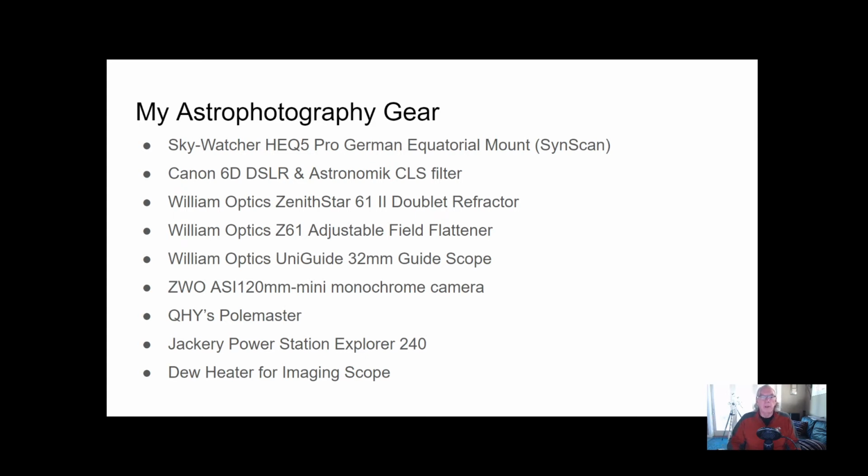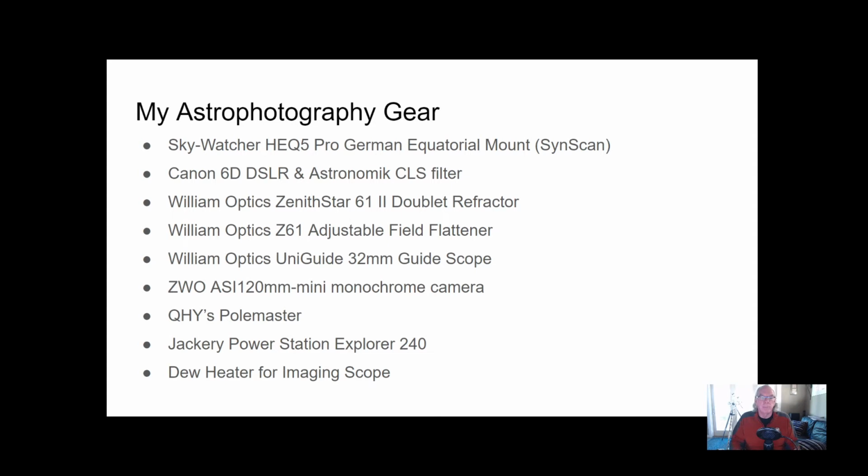And then for my guiding, I have the William Optics UniGuide 32 millimeter guide scope, and I paired that with the ZWO ASI 120 mini monochrome camera. And then I just added the QHY Polemaster. I'm excited about that.